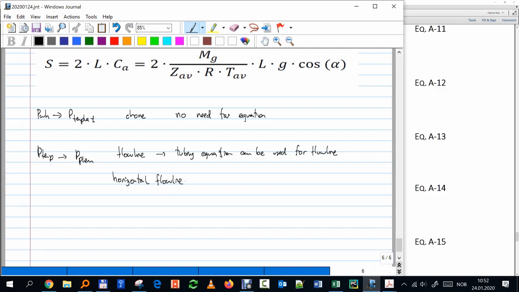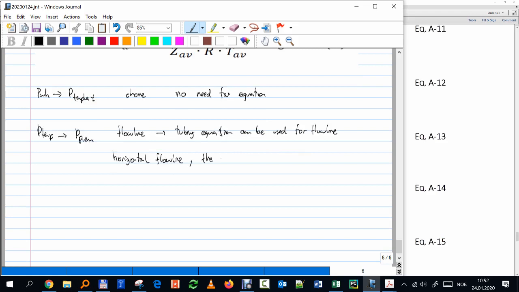And then the tubing equation simplifies to QG equals C of the flow line times P template squared minus P plem squared, to the power of 0.5, if the flow line is horizontal.